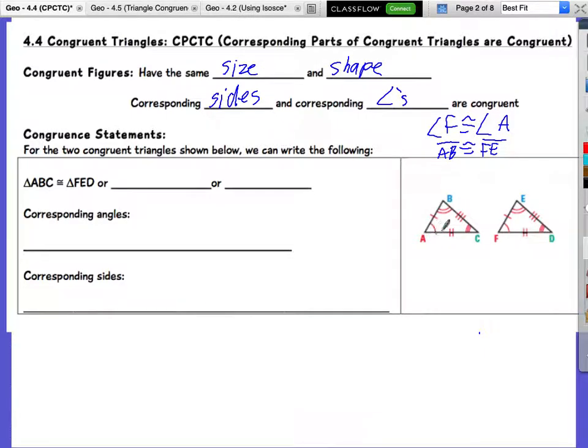So angle A and angle F, for example, we know they're congruent how? Because of the arcs. How many arcs do angle A and angle F have? One. Are there any other angles with only one arc? No. So those, angle A and angle F, are congruent. We put A first here, and because we put A first here, we have to put F first here, because those are congruent angles.